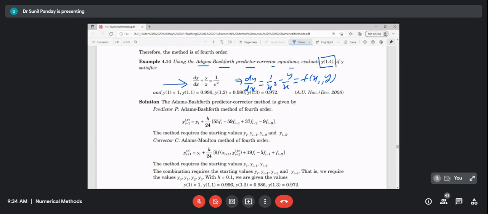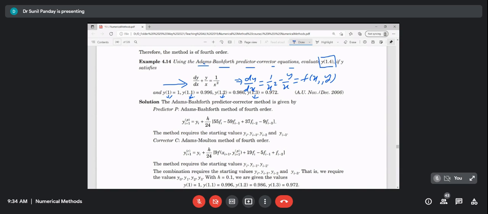Then you identify this one as our y naught, this one is our y1, this one is our y2, this one is our y3, and then we have to calculate y4.